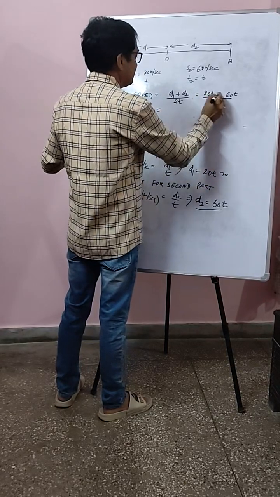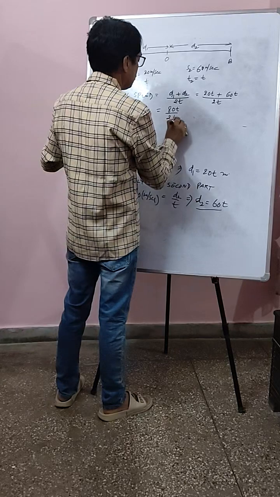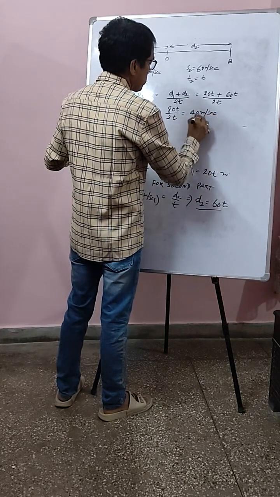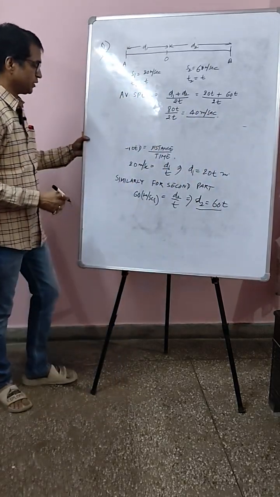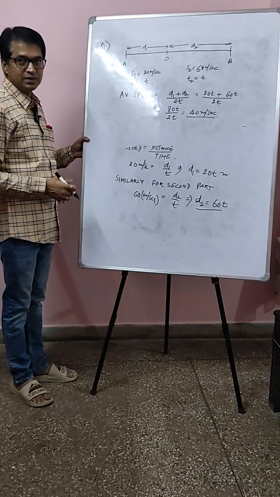So we have 60 plus 20, 80T divided by 2T, equals 40 meter per second. So this is the answer: average speed equals 40 meter per second.